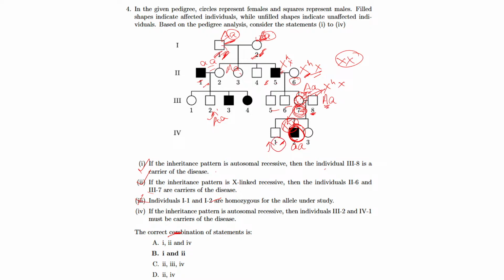So this one is not necessarily a carrier of the disease. It can also be a normal progeny. So the word must is not correct over here. It should be just maybe a carrier of the disease. So this option is wrong. So only options 1 and 2 are correct. So this goes with option B.